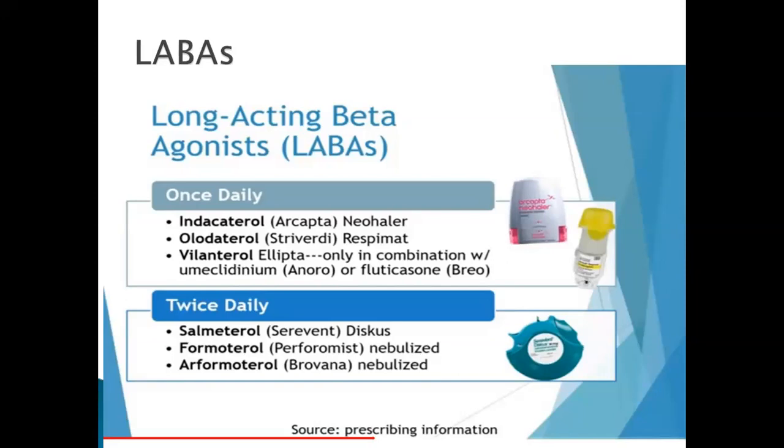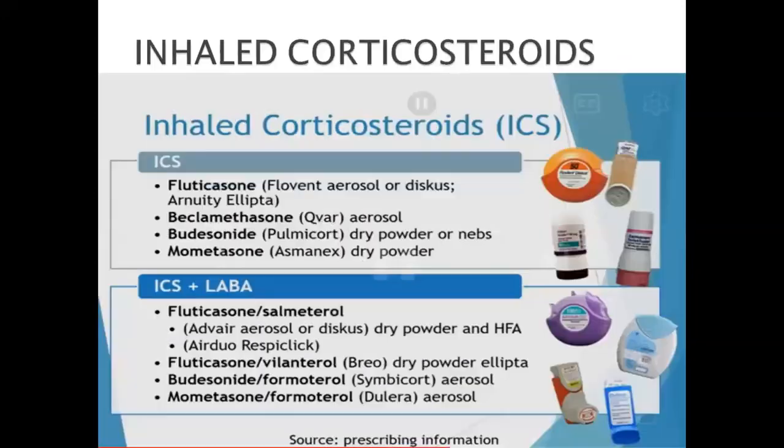Then the twice daily, the commonest ones that we know, are the salmeterol, your formoterol, and then the arformoterol. And so the inhaled corticosteroids that I was talking about, which are actually used to reduce the rate or frequency of exacerbations, are the fluticasone, the beclometasone, and the budesonide and mometasone.